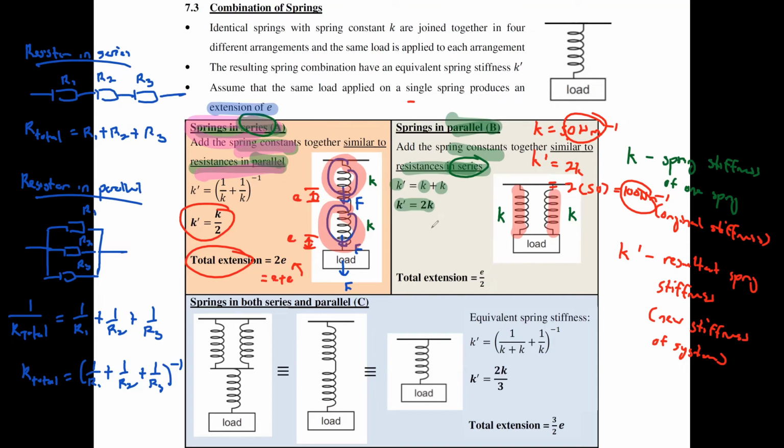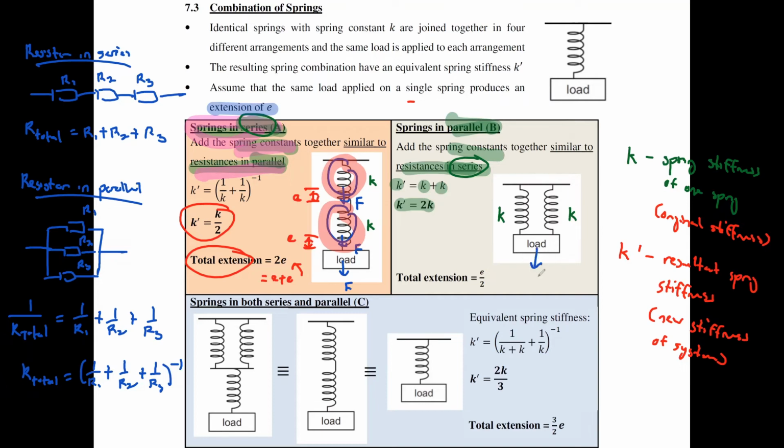You know that when you attach springs in parallel, it's actually harder to pull it apart. The reason why it's harder to pull it apart is because the stiffness has increased. All right, so that one is for this. Now, what about the total extension of the spring system? If you're talking about total extension of the spring system, you can try to look at it in this way.